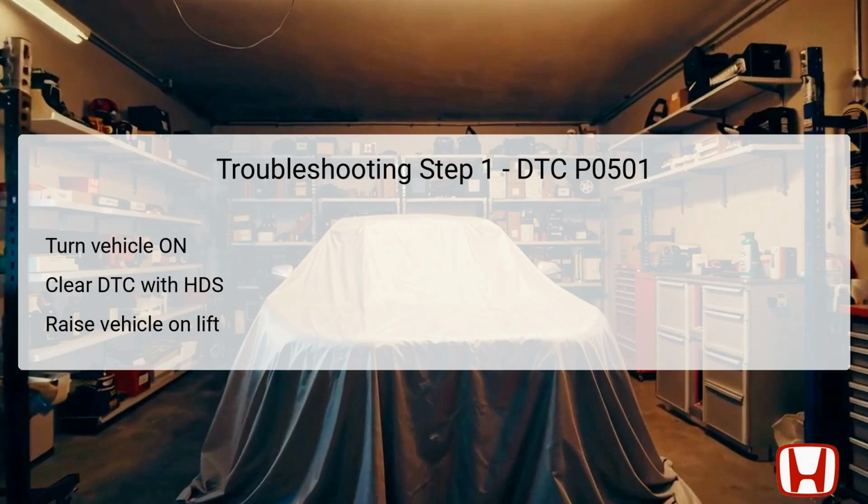Once cleared, safely raise the vehicle on a lift, ensuring it is securely supported to allow for free rotation of all four wheels. This preparation is crucial as it facilitates testing the vehicle under specific conditions to replicate the DTC.